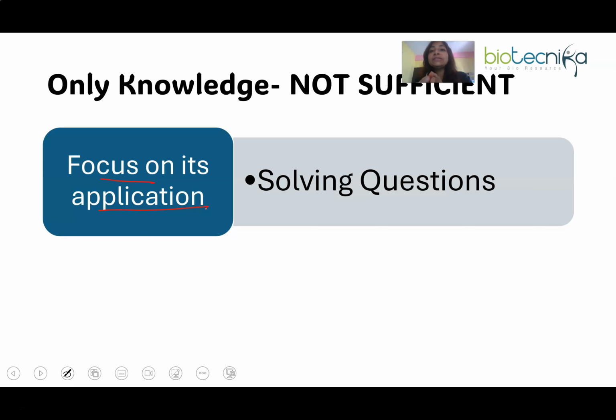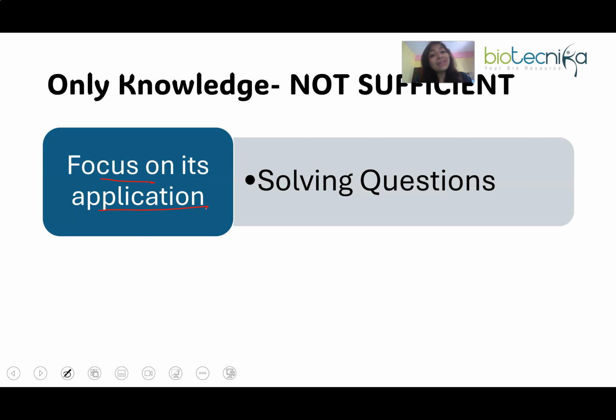Because ultimately, you have to understand that university exams and CSIR level exams are very different. In university you can just read and give subjective kind of answers, and that will be easy for you. But when you are talking about the CSIR NET exam, there are many steps here. First, you have to understand the question.